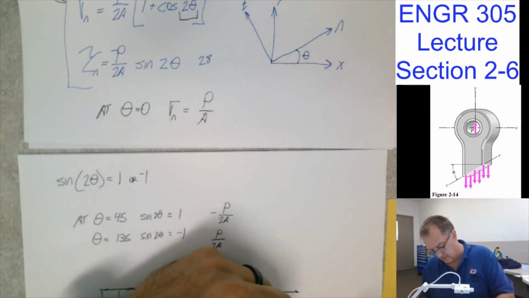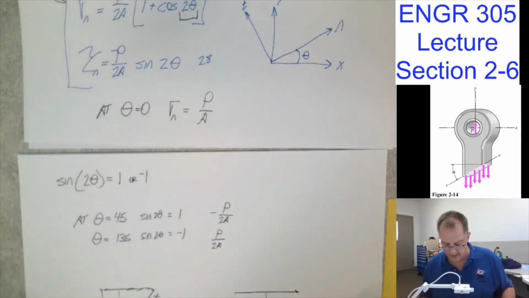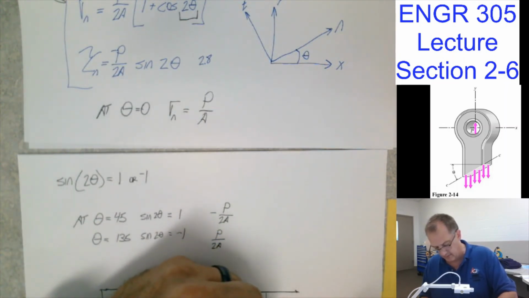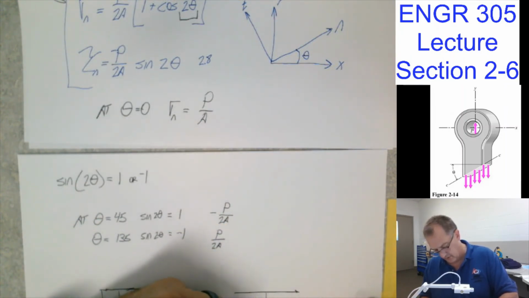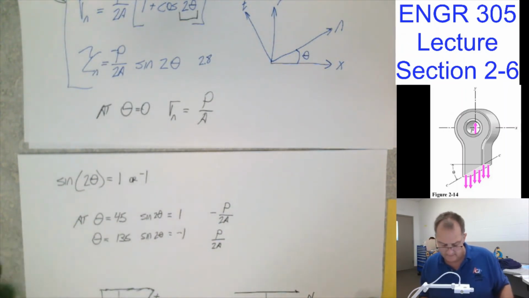That's 135 degrees. That's my N axis now. That's my n, and this is my negative n.